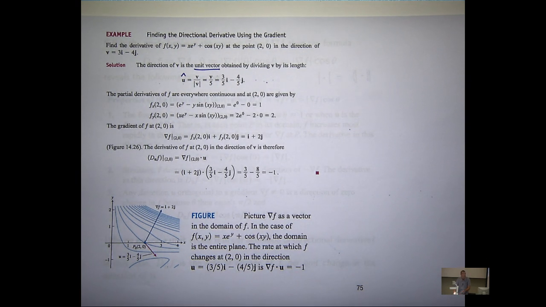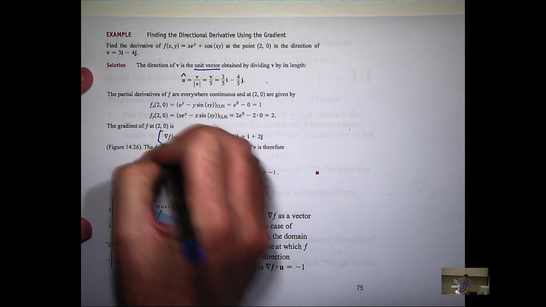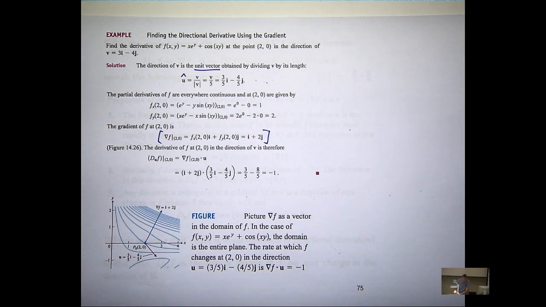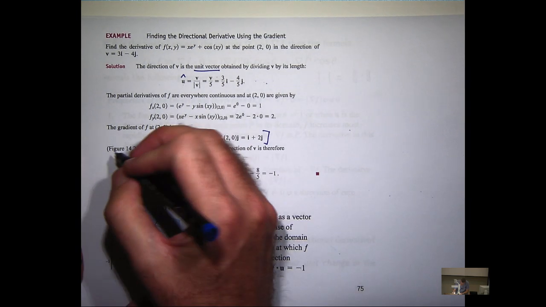What else do I need? I need my gradient. So I calculate the two partials at the point, and then I'll get this. By this figure I mean the figure down here.